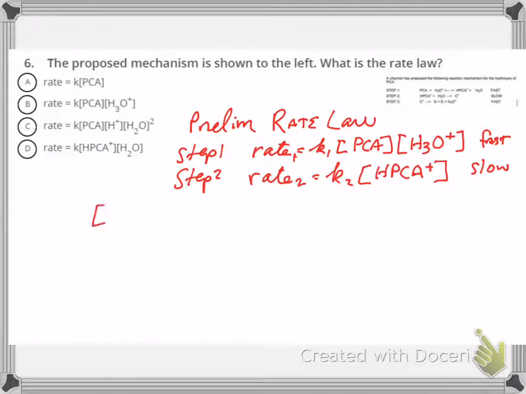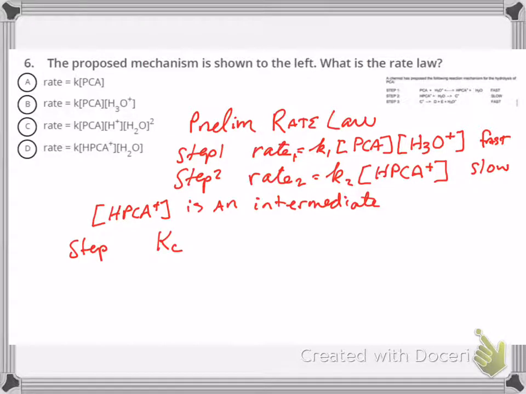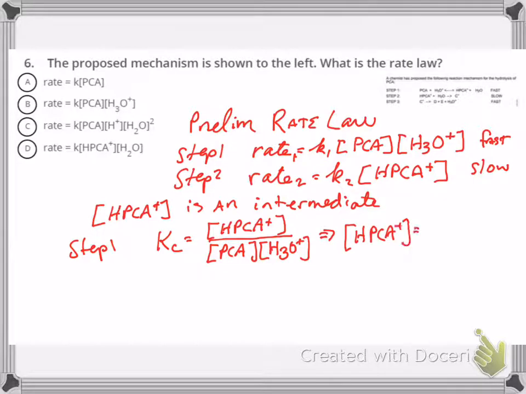So we have a fast-slow mechanism, which means that HPCA+ is unacceptable in the rate law because it's an intermediate. So we have to substitute it out using the fast equilibrium that occurs in step 1. When we do that, we put the products in the numerator, PCH3+ in the denominator. And now we have a straightforward way to solve for HPCA+. We see that we have the equilibrium constant times H3O+ times PCA.